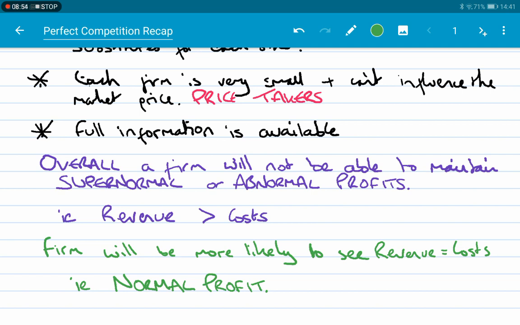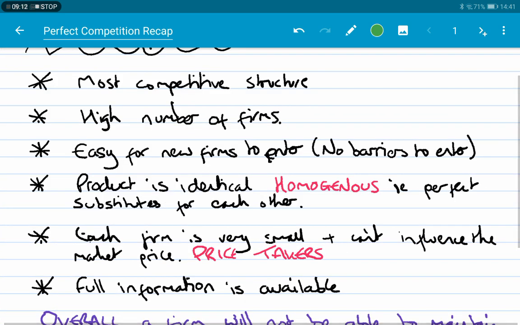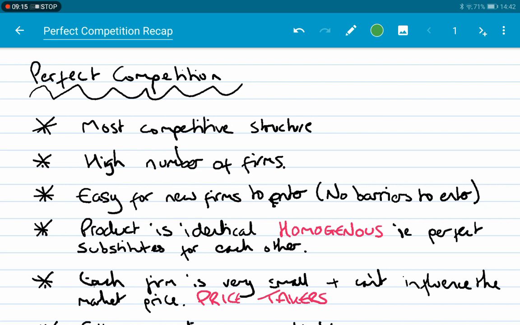If we're talking about a situation where it's got less money coming in than it has going out, that's obviously a loss. But in this position, in perfect competition, we're very likely to be talking about revenue being the same as cost, normal profit. So it's important you've got your own notes. All the information in black needs to be in your notes.